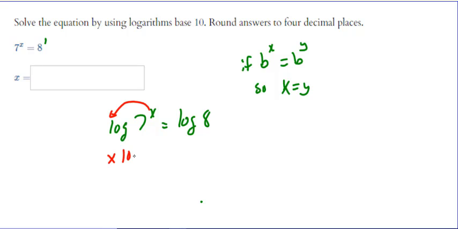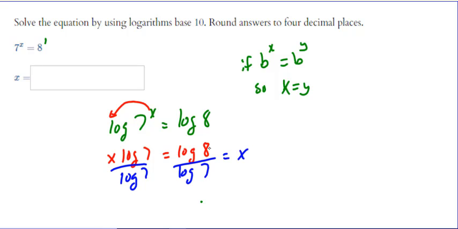You'd have x times log of 7 equals log of 8. And then, folks, just divide both sides by log of 7. x would be the log of 8 divided by the log of 7. And you would round that to 4 decimal places. But I'm going to show you how to do that on the calculator, and you can do it a lot easier.